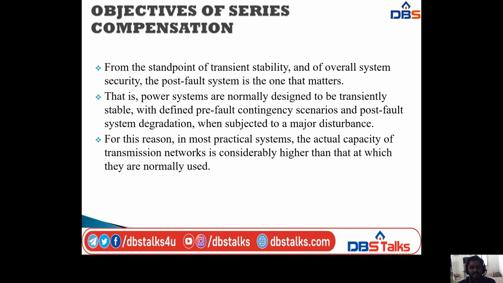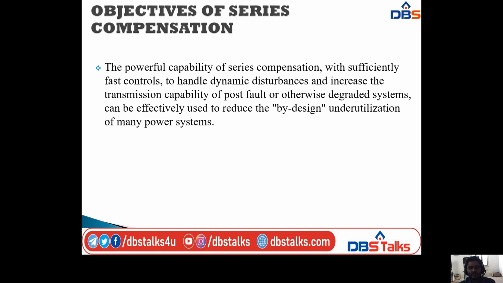So the powerful capability of series compensation, with sufficiently fast control to handle dynamic disturbances and increase the transient capacity of the post-fault or otherwise degraded systems, can be effectively used to reduce the design underutilization of many power systems.